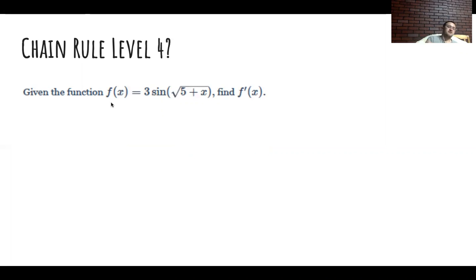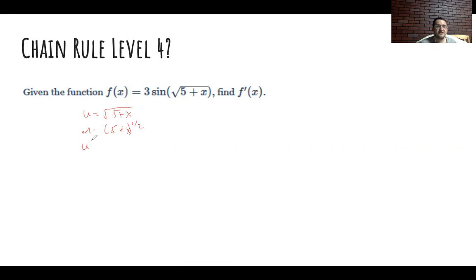Let's do a chain rule level 4. So this one, we're really building our rigor up here. It looks mean, but it actually really isn't that bad. It's actually a chain rule within a chain rule. So what's going on here is I'm going to put the square root of 5 plus x, and I'm going to rewrite that as 5 plus x to the 1/2.